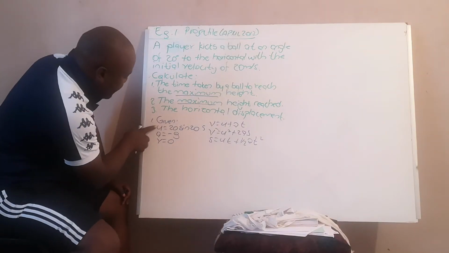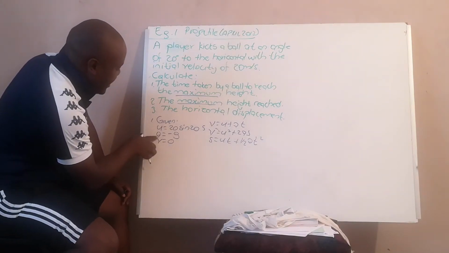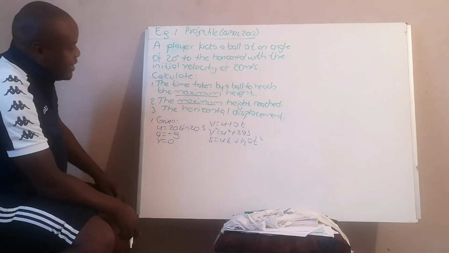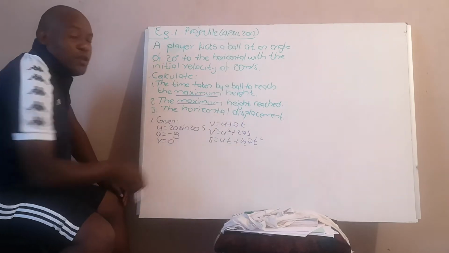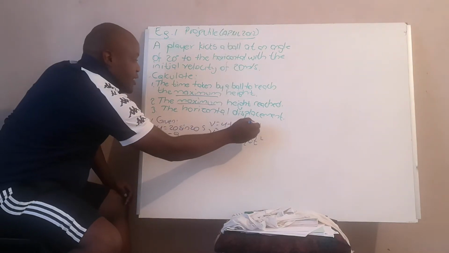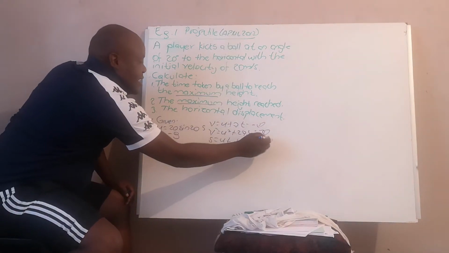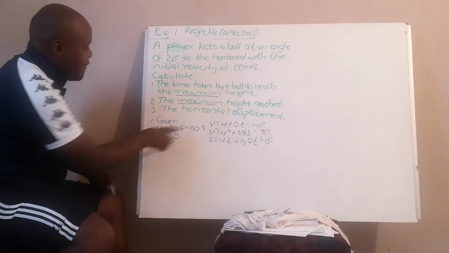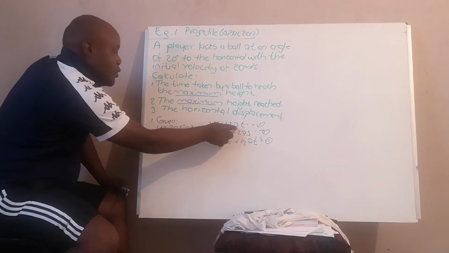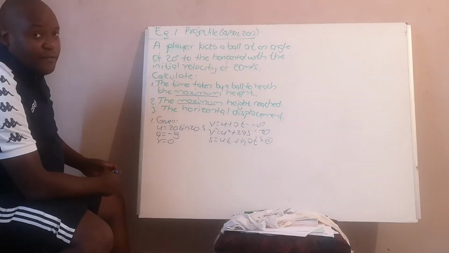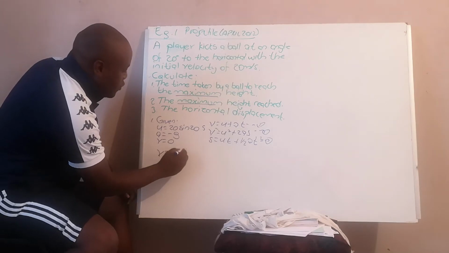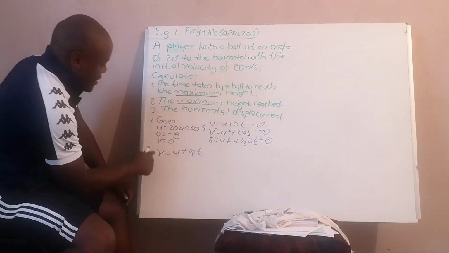You do have your initial velocity as 20 sine theta, you do have acceleration, you do have your final velocity. Under your 3 equations, that means you can use your first equation. If you want time, you use your first equation because you have a final velocity, an initial velocity and acceleration. The only thing you don't have is time. So V is equal to U plus AT.